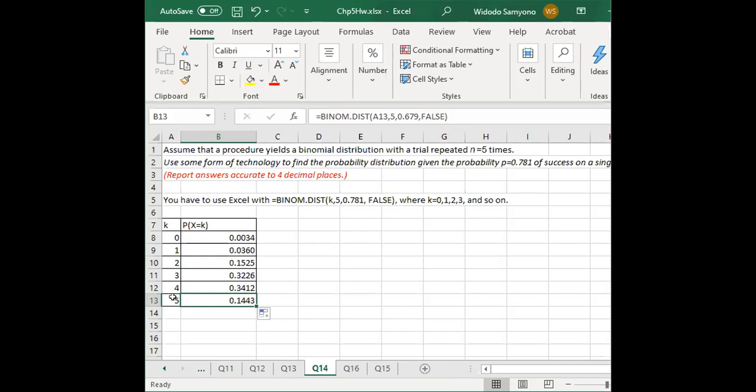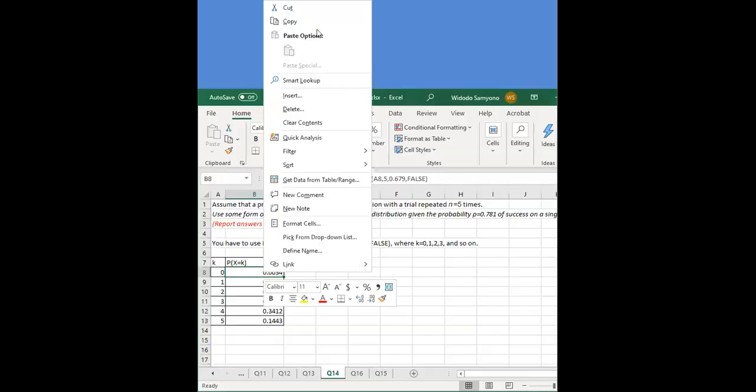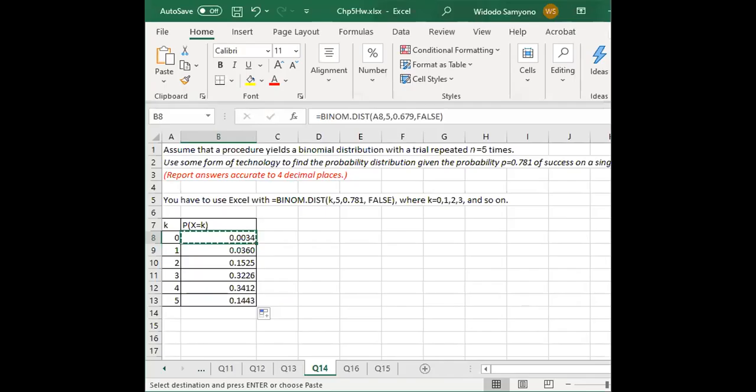Okay, so the k is on the left here. So this is for x equal to 0, P(x) equal to 1, P(x) equal to 2, P(x) equal to 3, 4, 5. Okay. So you can copy this one by one and paste it here.